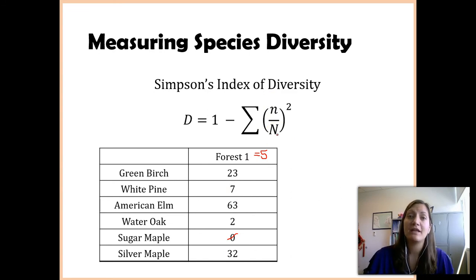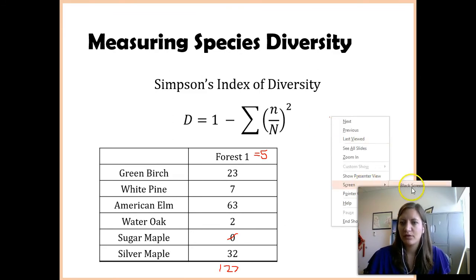So big N would be the sum of all of our individuals. I've already done this, and the sum is 127. Great. So now I have all the numbers I need to calculate this index of biodiversity.